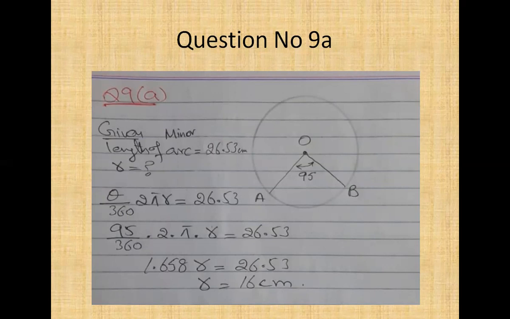So in your calculator, you will write 95 divided by 360 multiply 2 multiply pi, and that will give you 1.658, and r equals to 26.53. So this 1.658, take this to the other side. So in your calculator, you will enter 26.53 divided by 1.658 equals to, and that will give you 16 centimeter. So the radius in this question will be 16 centimeter.